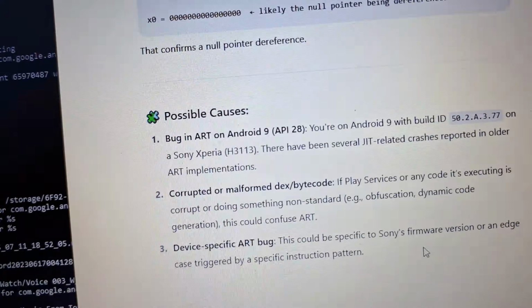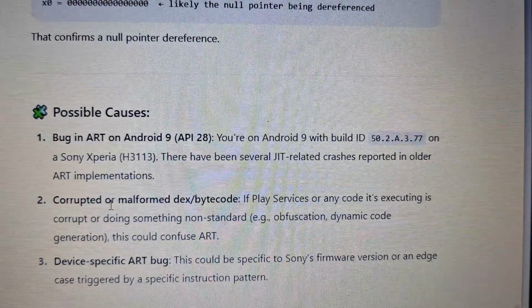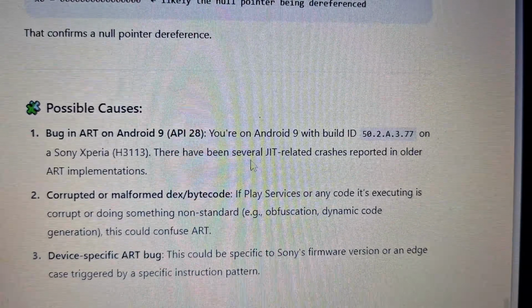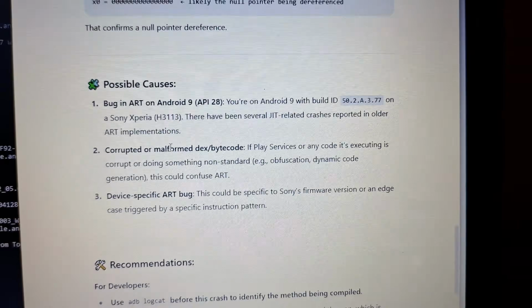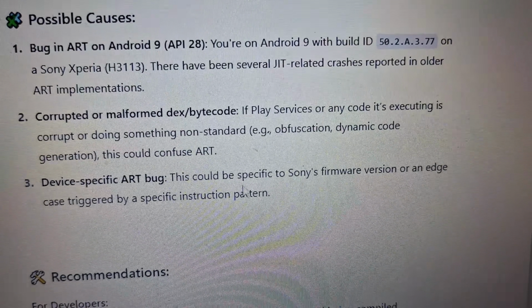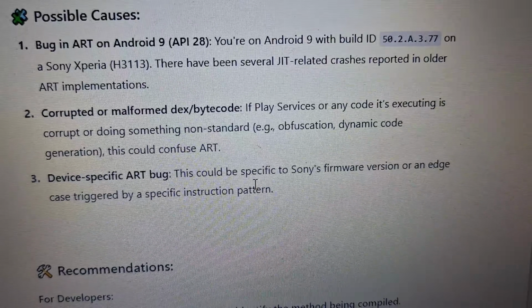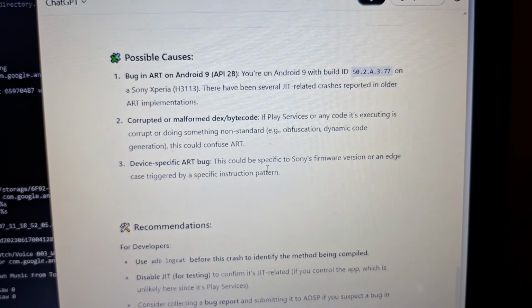Okay, a bug in ART on Android 9. If you're using Android 9, there have been several changes related to ART. Interesting. This could be specific to Sony's firmware version, and that could generate a specific instruction pattern. Well, my other Sony phones aren't having this problem.